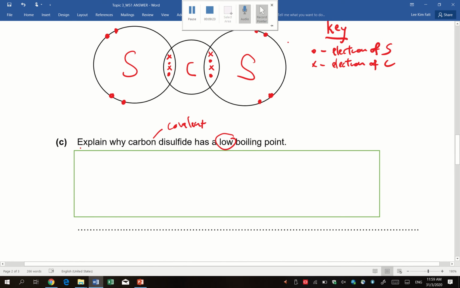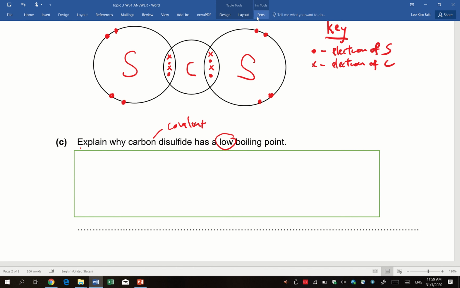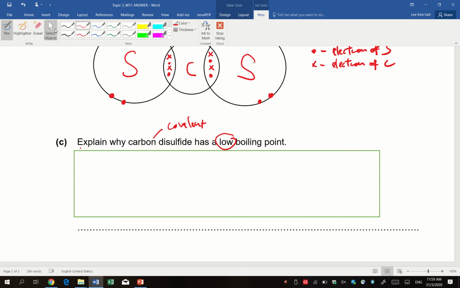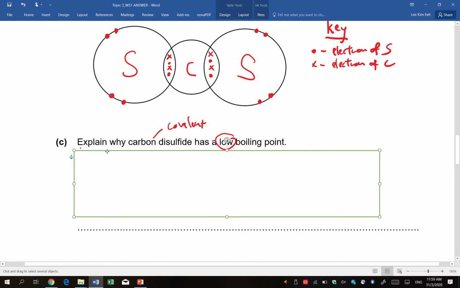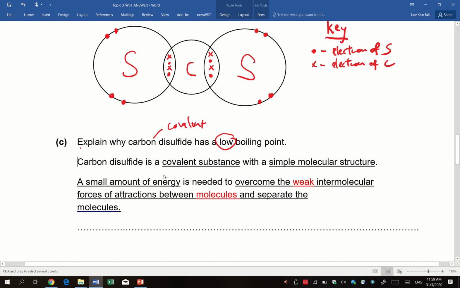So this is a very straightforward question. All you need to tell me is that this is a covalent substance and it has a simple molecular structure. Therefore, a small amount of energy is needed to overcome the weak intermolecular forces of attraction between the molecules and separate the molecules, not atoms, sorry.